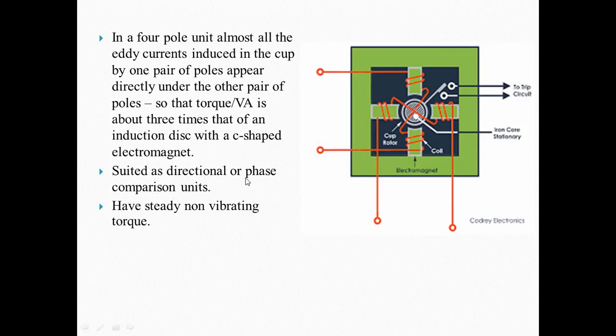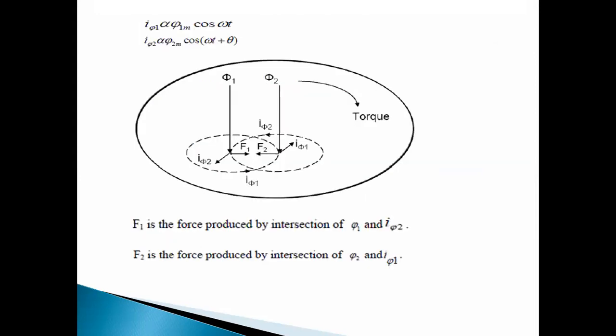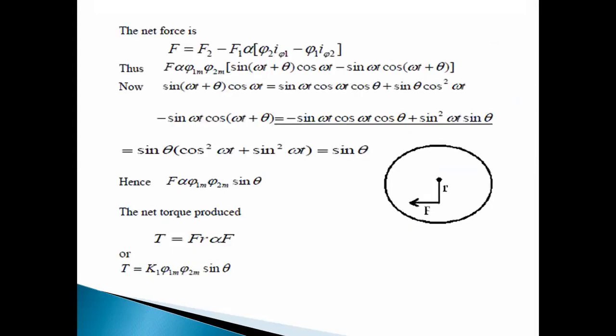It is suited as directional or phase comparison units and has steady non-vibrating torque. So the torque produced by these poles is steady. That's why this induction cup type of structure is used. This is the electromagnetic induction principle, the basis of how the torque is produced.